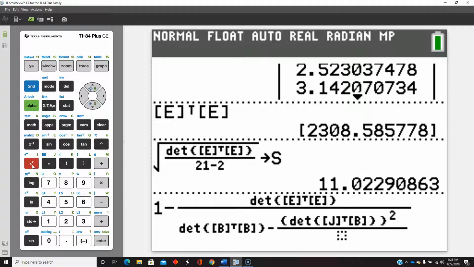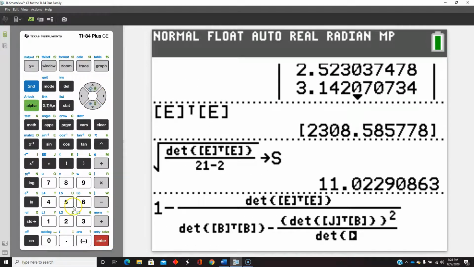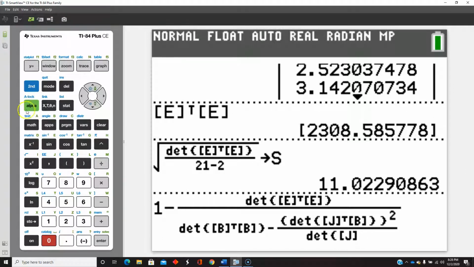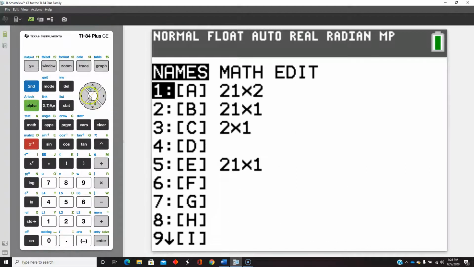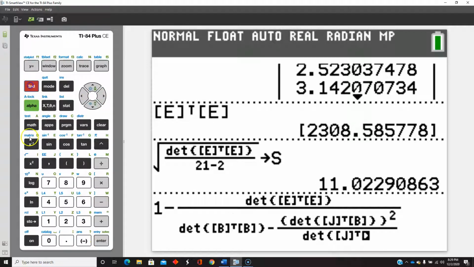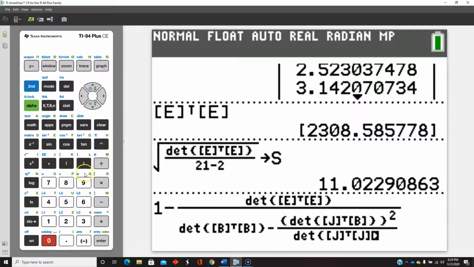So that's essentially giving us the sum of the y's squared. And then to divide by n, we're going to do the determinant of J transpose J. And close parentheses on that.